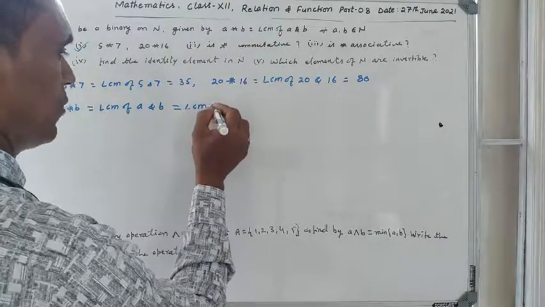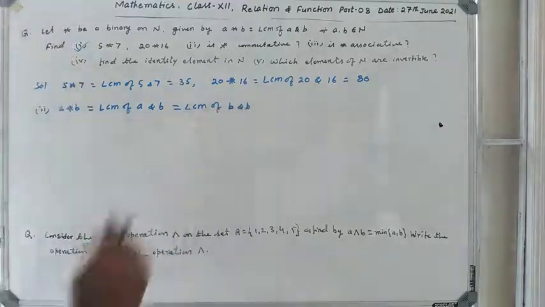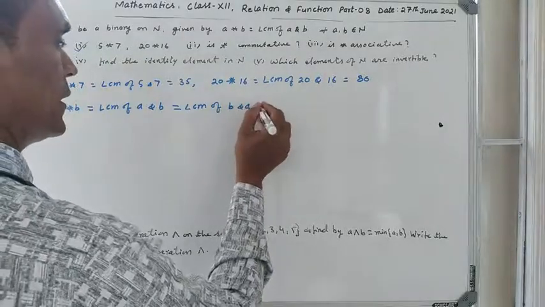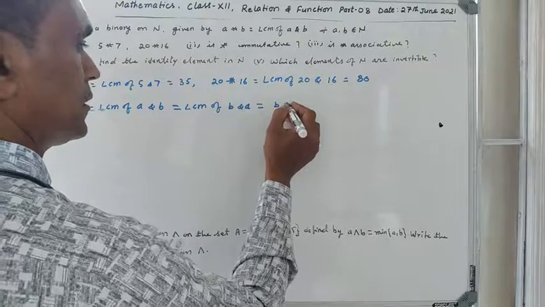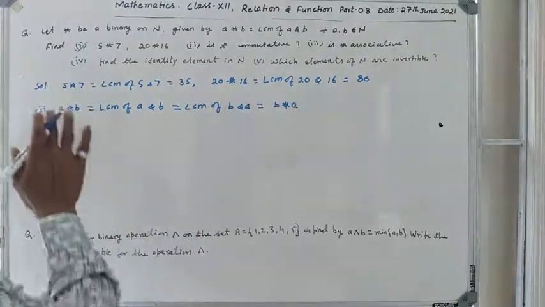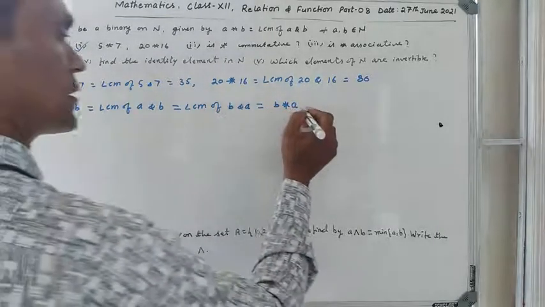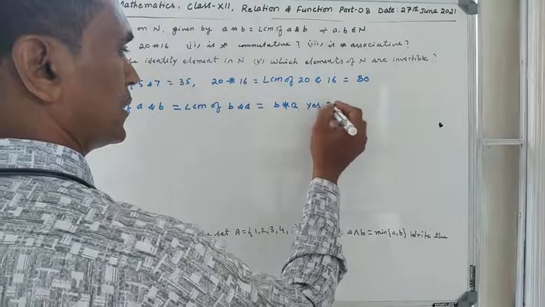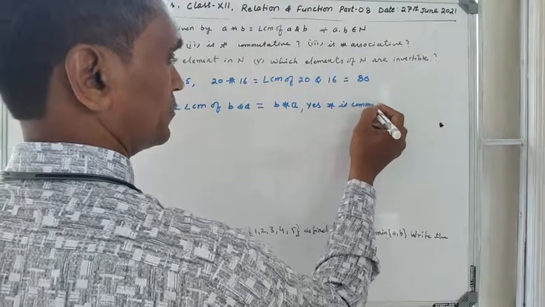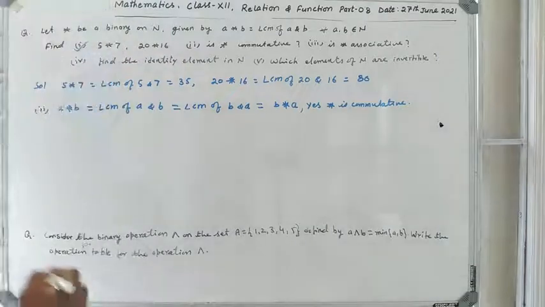So LCM of b and a, both are having the same meaning. So b star a, image of (a, b) is equal to image of (b, a). So yes, this operation is commutative.